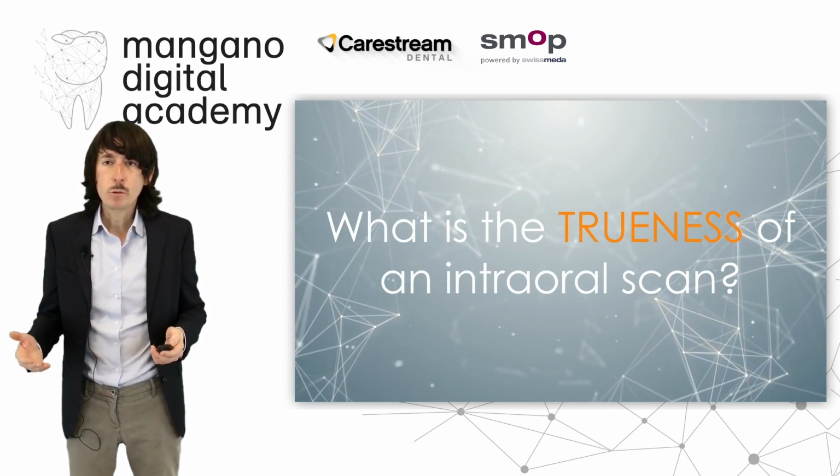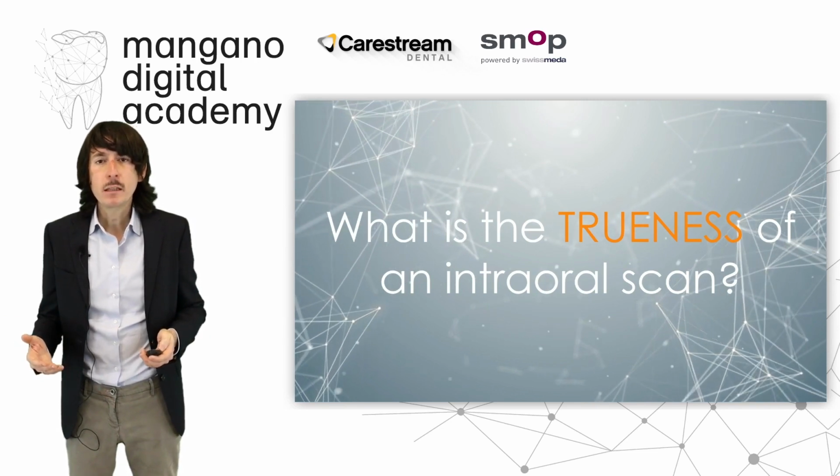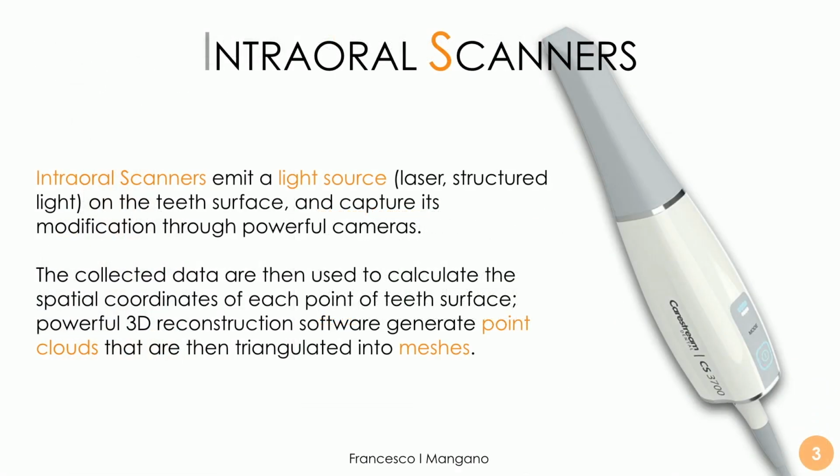There are a lot of variables that need to be considered, and let's talk a little bit about the intraoral scanner. Intraoral scanners emit a light source, usually a structured light grid or sometimes a laser, on the teeth surface, and then they capture its modification through powerful cameras.